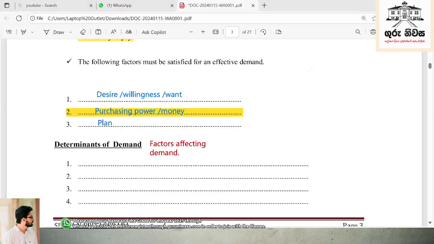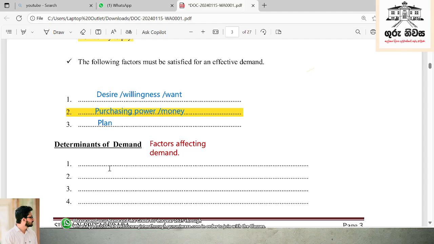Next point. Factors affecting demand. What is the main factor affecting demand of a product? What is the main thing you consider when you buy a product?